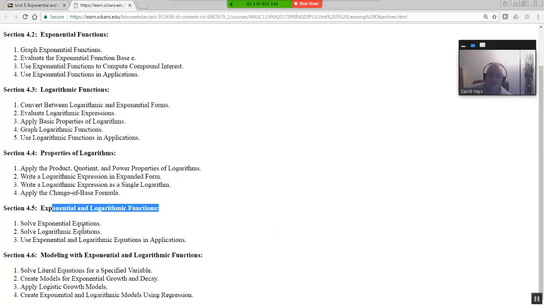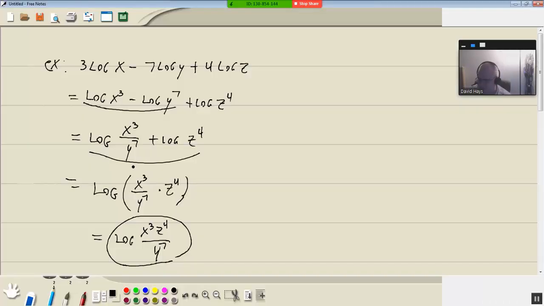Now, first topic says solve exponential equations. We're going to first talk about the equality of exponents.